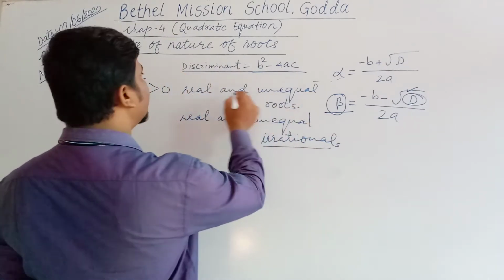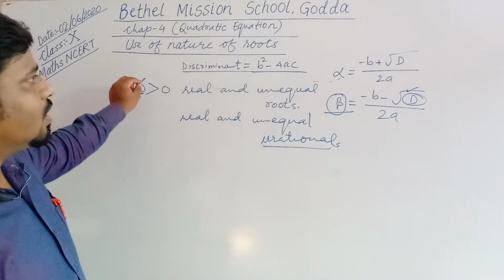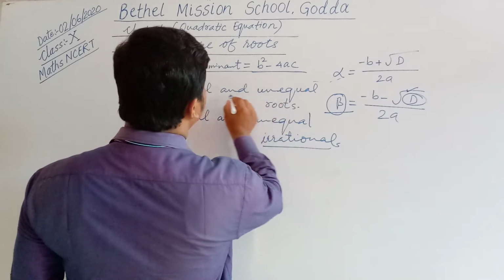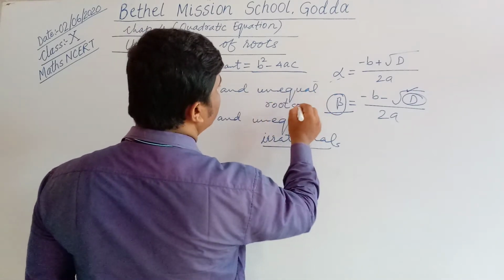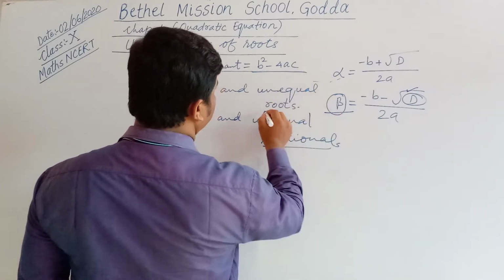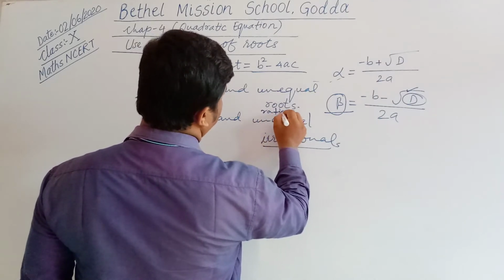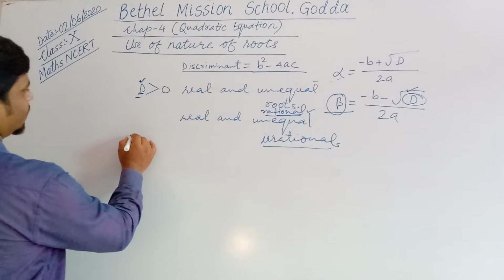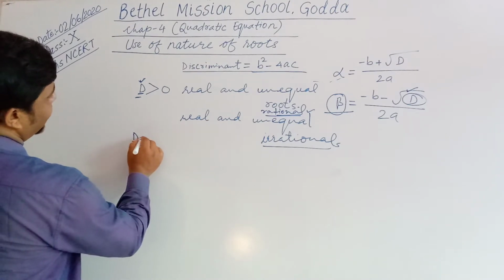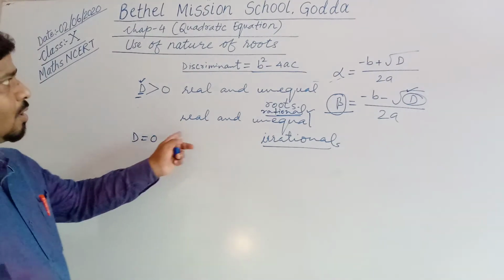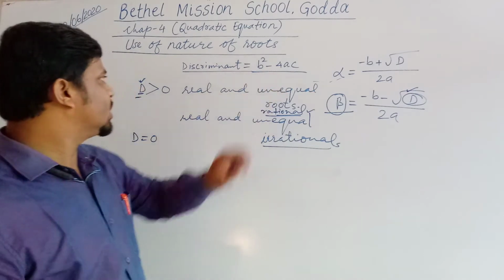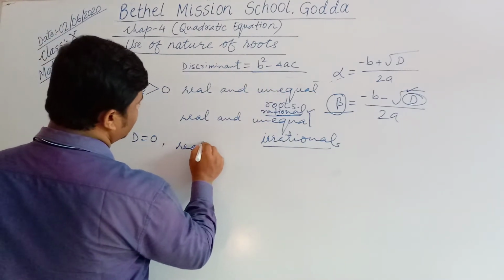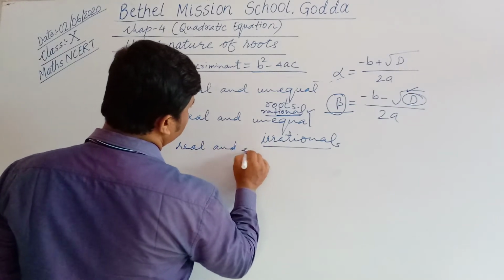And when D is a perfect square number, then the roots will be real and unequal, but rational. Next, if D is equal to 0, then there will be real and equal roots.